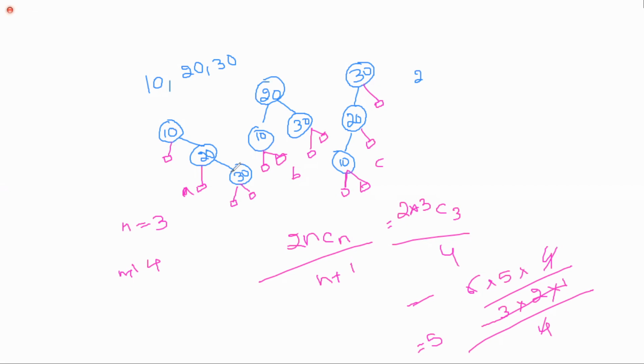So 0, 1, 2. The maximum attempts for a successful search will be 2. Here for 30, how many attempts? 0, 1. For 10, 0, 1. So the maximum attempts it will consider is 1. 0, 1, 2. For 10, the maximum attempts it will take is 2.